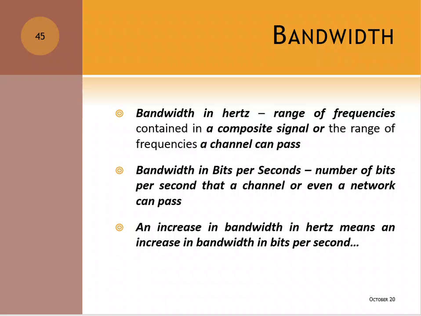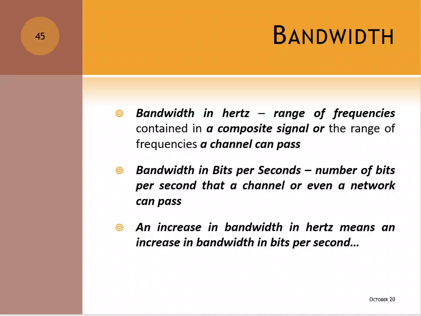Another concept of bandwidth is bit per second. Number of bit per second that a channel or even a network can pass. So of course, an increase in bandwidth in hertz means an increase in bandwidth in bits per second. Of course, kalau kita consider analoginya, highway, semakin luas jalan ataupun highway, semakin banyaklah kereta yang boleh lalu.